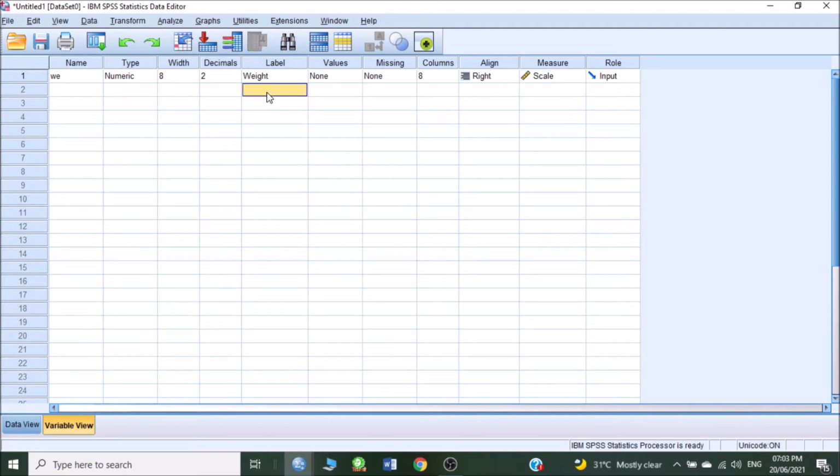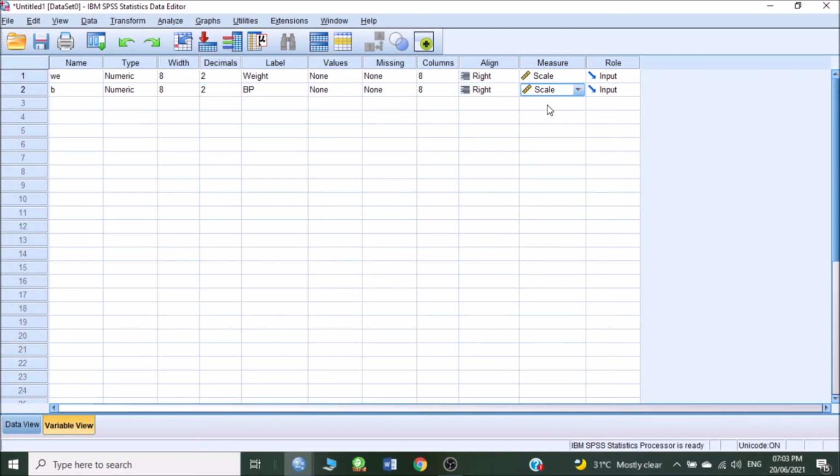First one is weight, and the second, make it blood pressure, BP, then enter. So short form B, simply leave it B. Okay, again you give measurement point of scale.